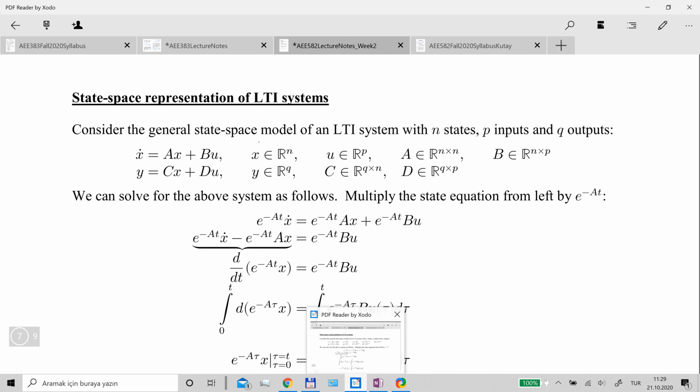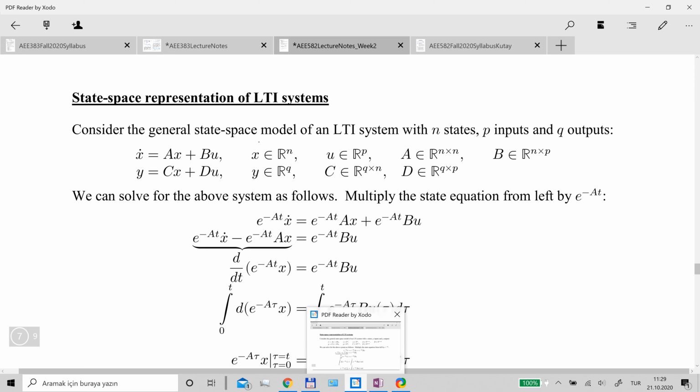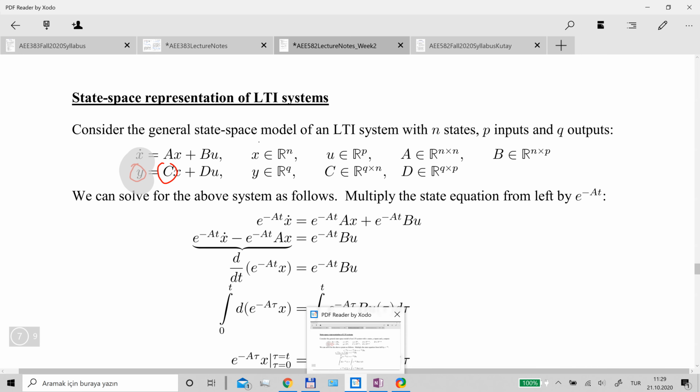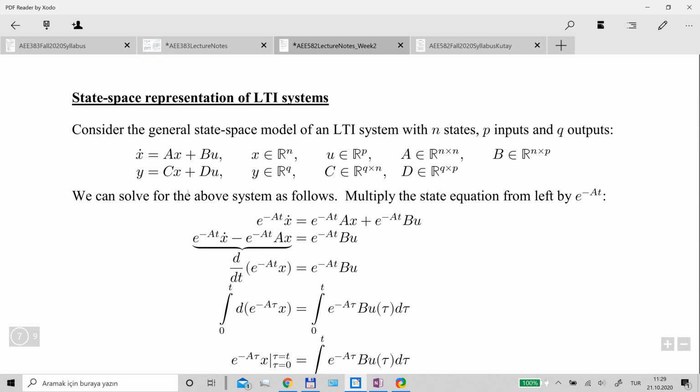Likewise, in the output equation, if you have just a single output, then Y will be scalar and C will be a row vector. But as additional outputs are introduced, your C and D matrices will be getting additional rows. But this form of the equation is the same, no matter what system you're working on. Only the dimensions of these matrices and their numerical values obviously will be changing.